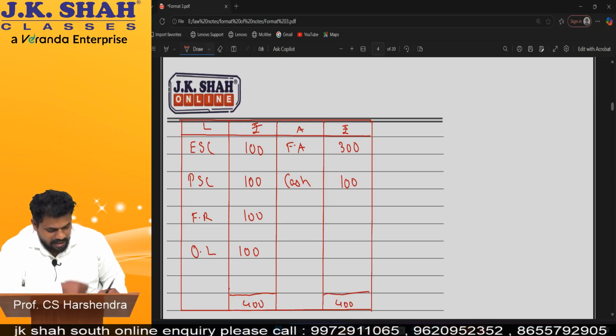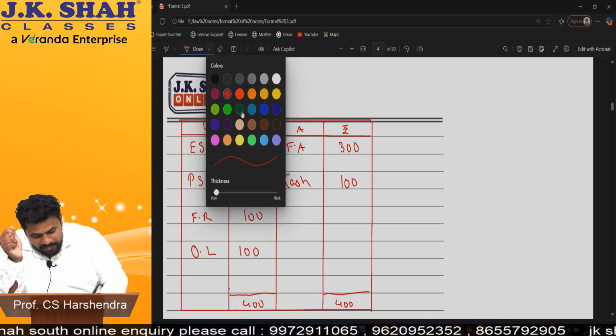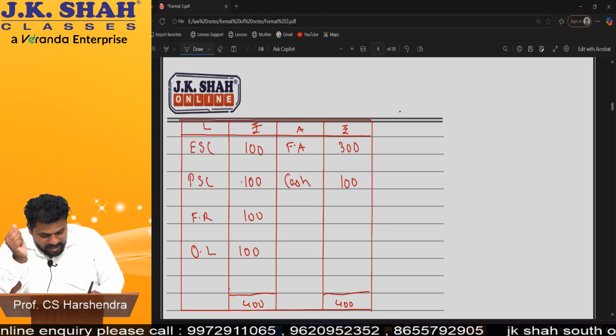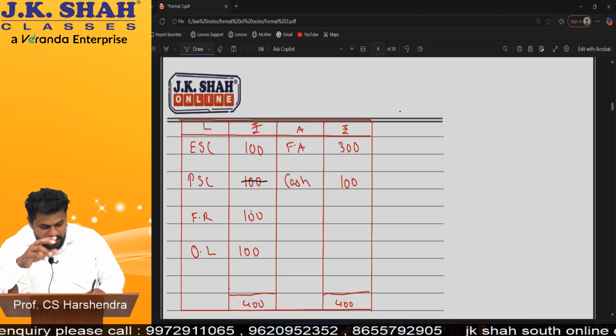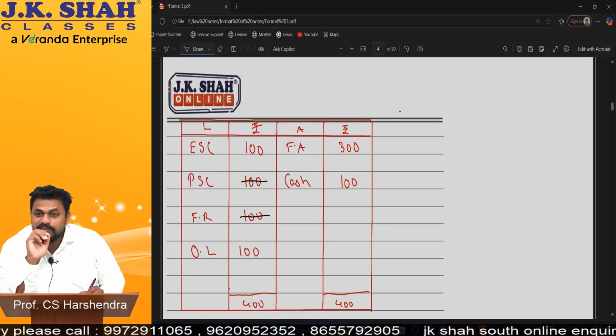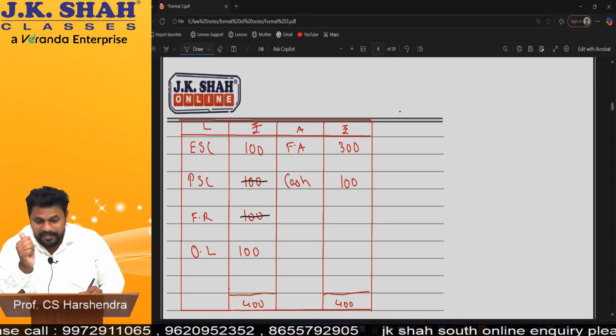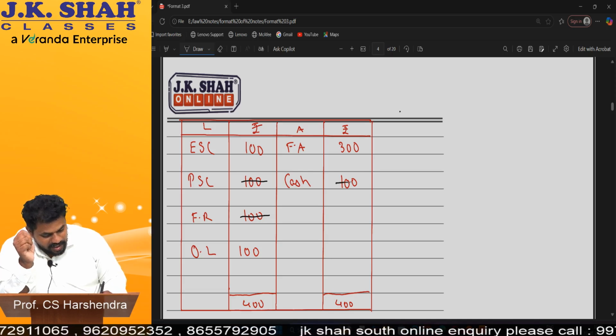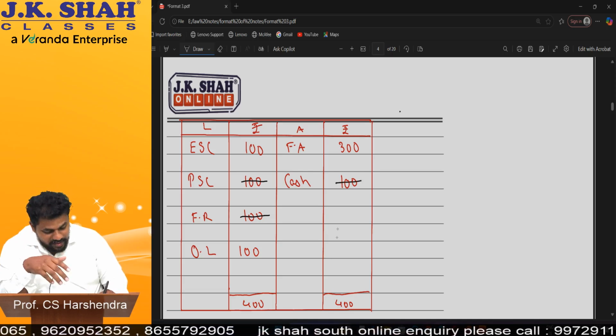400. Now for example, we redeem preference shares from free reserves. So preference shares will go. Notionally free reserves will also go because you are redeeming from there. But you have to pay cash also during redemption. So cash will also go. Now how much will be left?